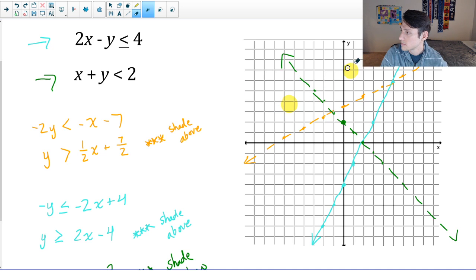So it can't be this one. Therefore, here is the region that we want to shade. So it's just process of elimination.